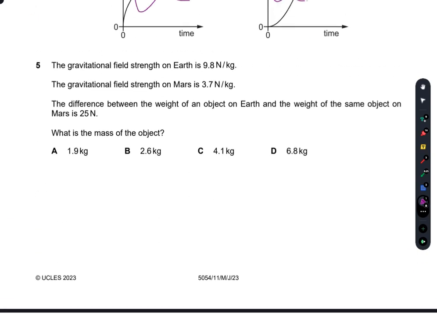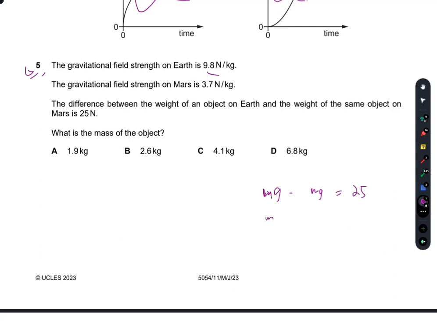Question number 5 is, the gravitational field strength on Earth is 9.8 newtons per kilogram. The gravitational field strength on Mars is 3.7 newtons per kilogram. The difference between the weight of an object on Earth and the weight of the same object on Mars is 25 newtons. What is the mass of the object? Now the difference between weights is mg minus mg equals 25.